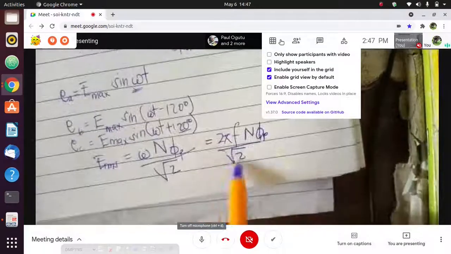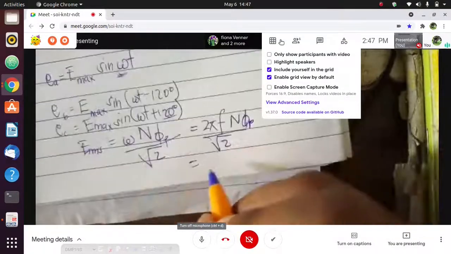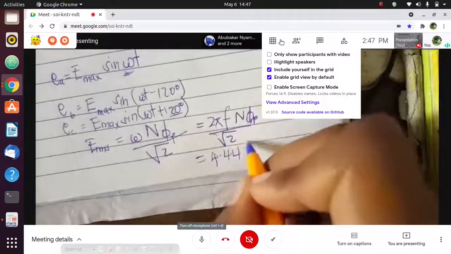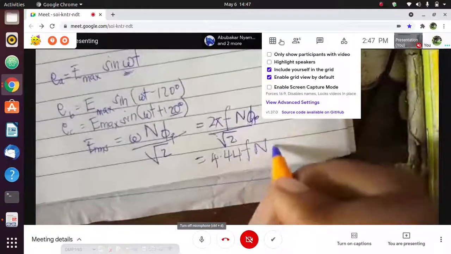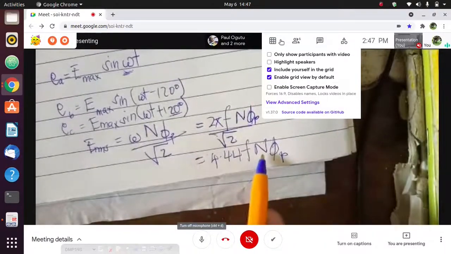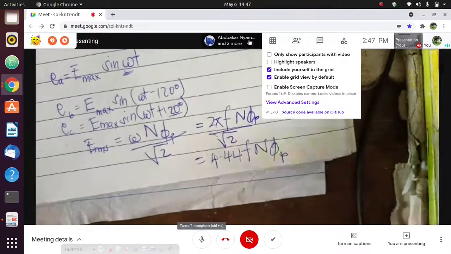When you simplify this, you get that the RMS, or the total voltage induced per phase, is given by 4.44 F N times the air gap flux per pole, where N is the number of series turns in that winding, and this is the air gap flux per pole. F is the frequency of supply.